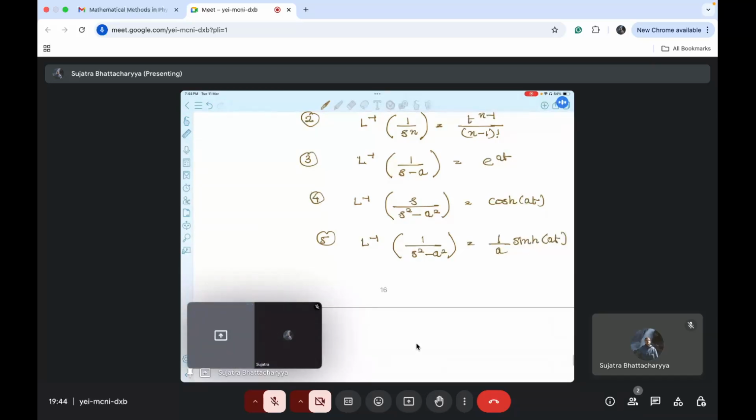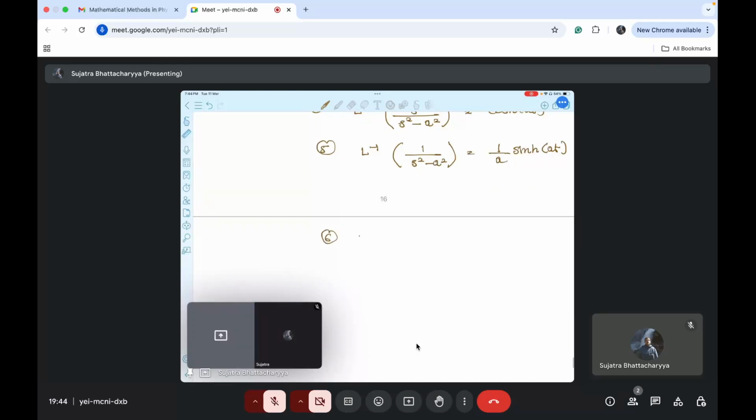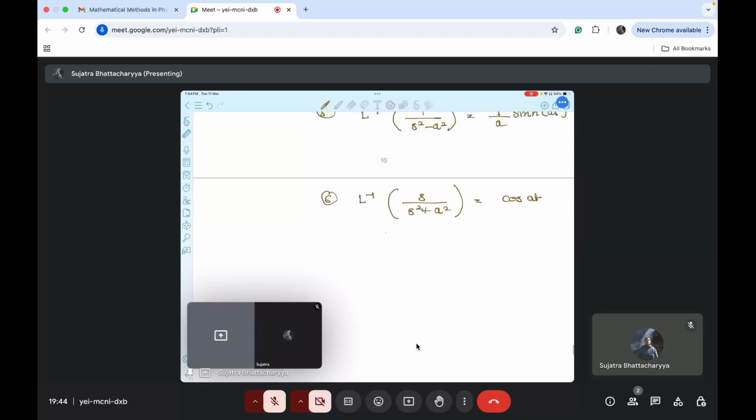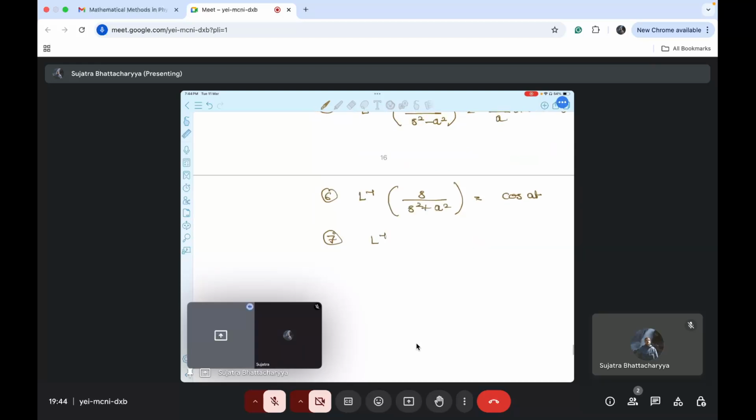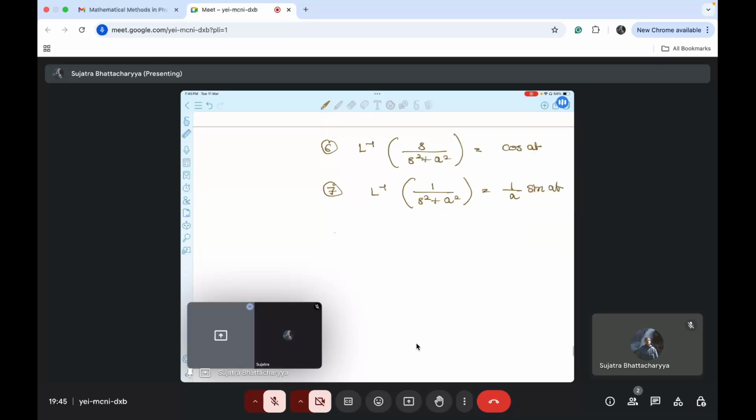So we can write like this. Sixth, L inverse of s upon s square plus a square is nothing but cos at. Seventh, L inverse of 1 upon s square plus a square is 1 upon a sin at. Alright. And last, let us look at L inverse of F(s) by s, which is nothing but integral 0 to t f(t) dt.